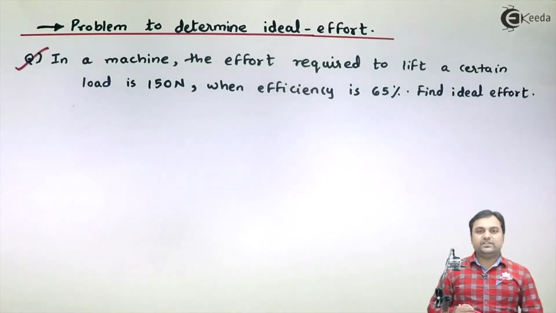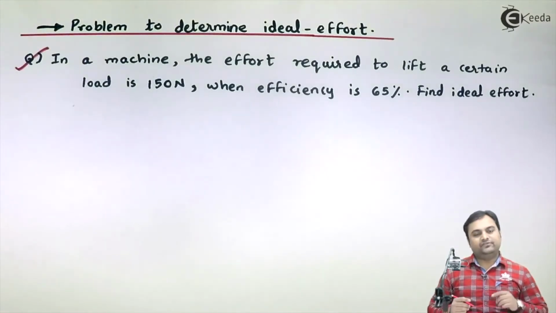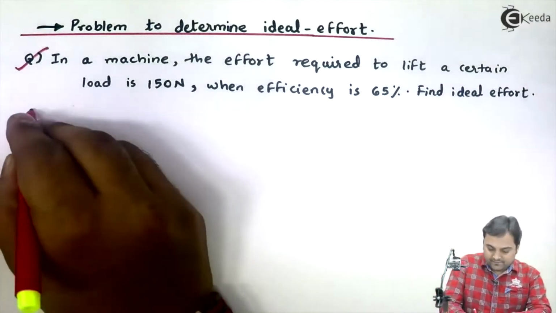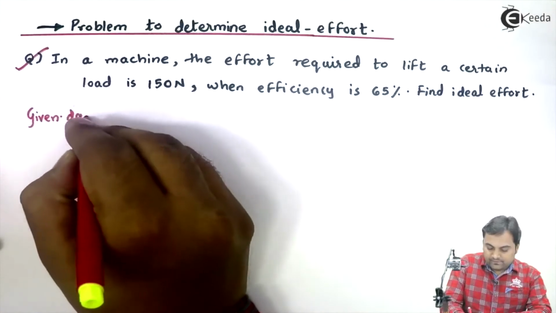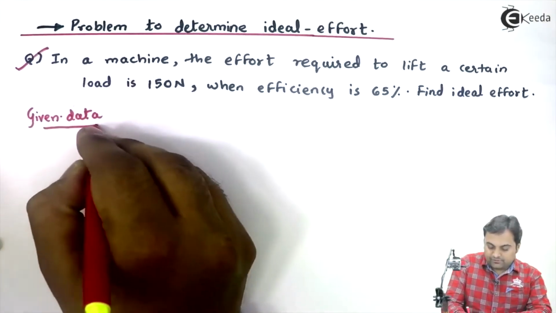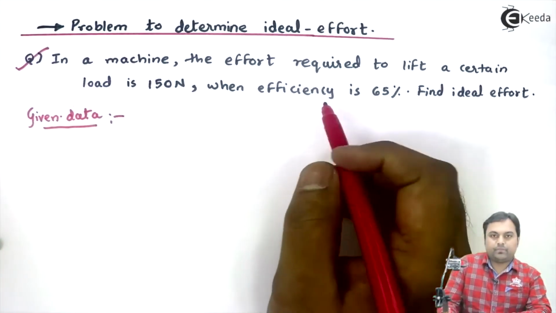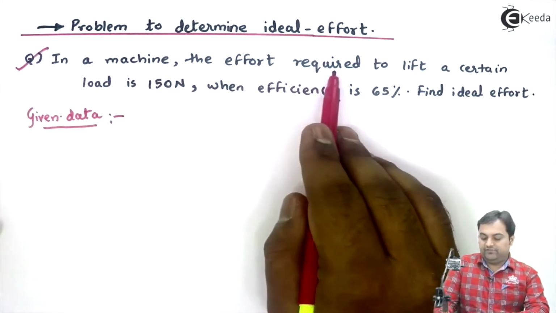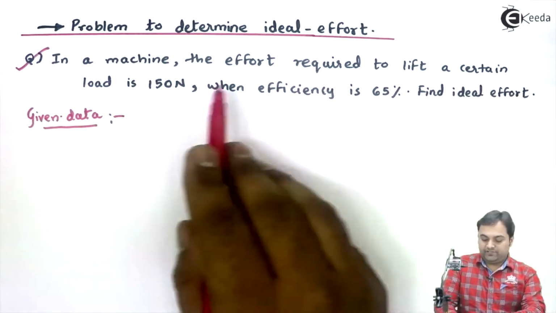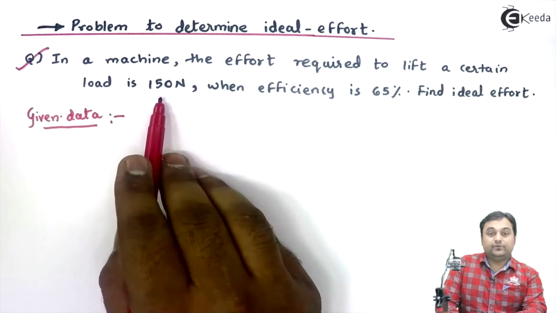Now whatever is given here, I will write that in the form of data. So let us start this problem by writing the data. This problem belongs to simple machines. In a machine, the effort required to lift a certain load is 150 Newton.